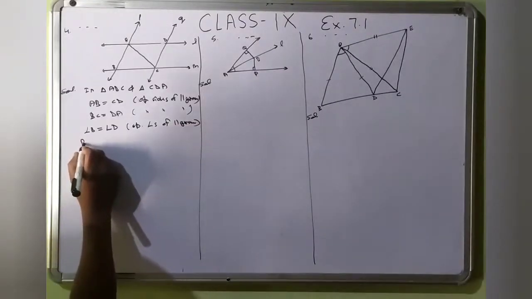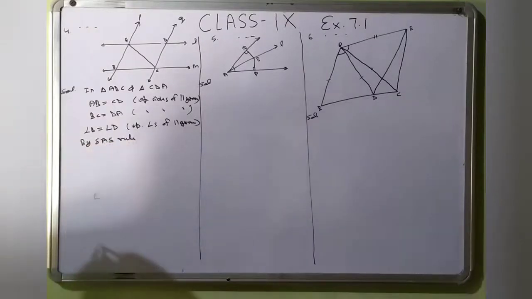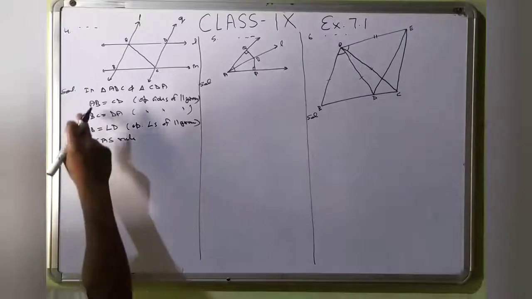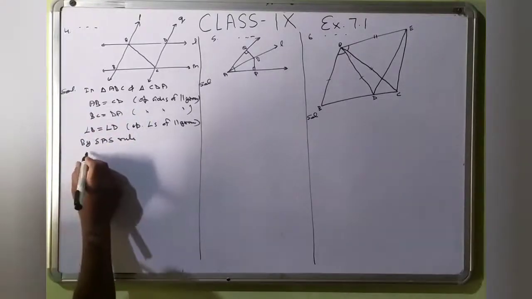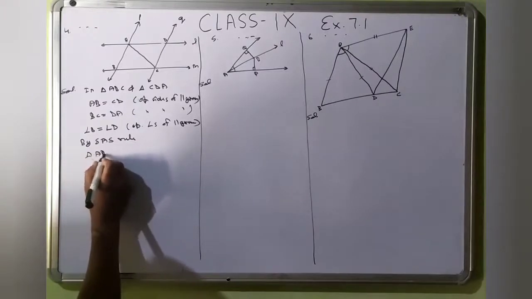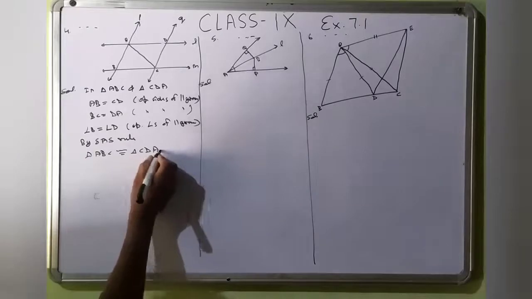So by SAS rule, because two sides are there and one angle, triangle ABC is congruent to triangle CDA.